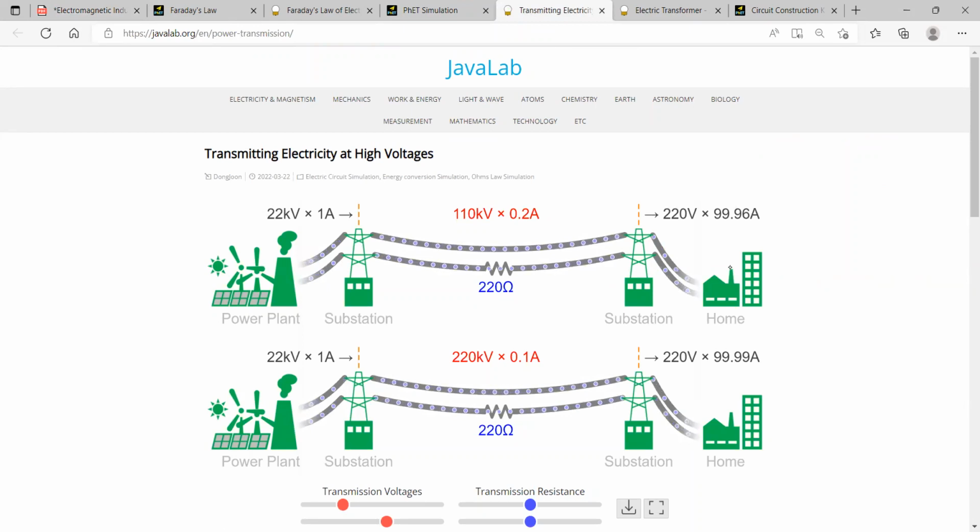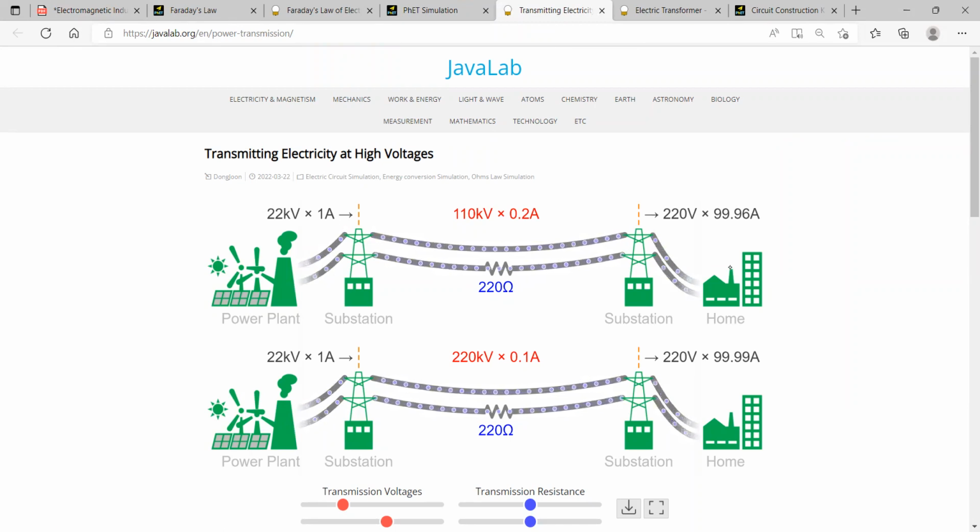Before you send it to the long distance power line, you have to step up. In the middle you see that the voltage is 110 kilovolt, and because the voltage is stepped up, the current is stepped down. From 1 amp it is now 0.2 amp.